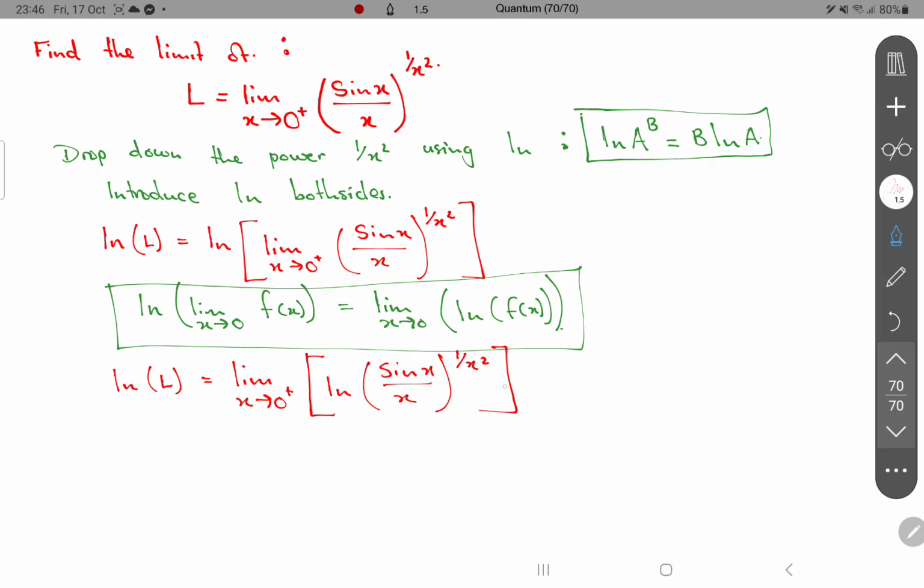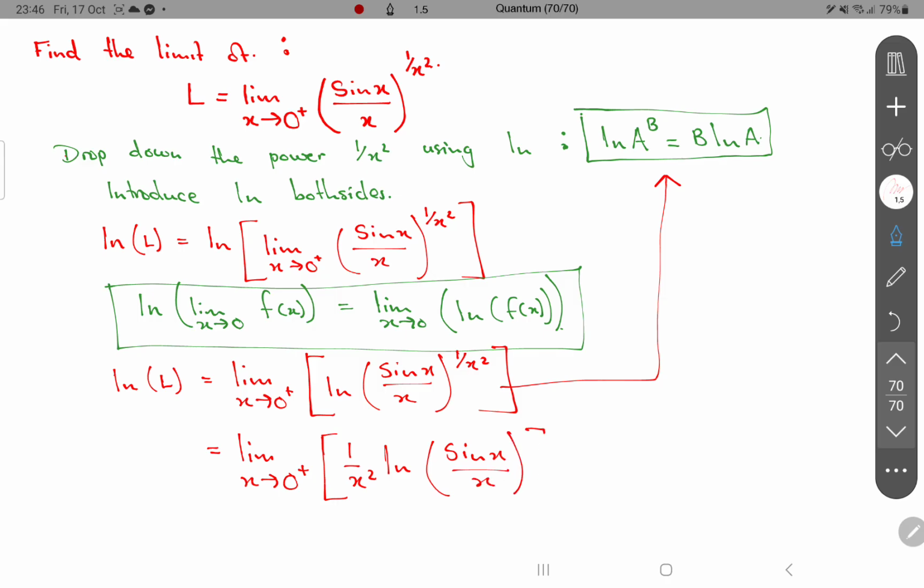Here we are going to use this idea, so that it's going to be the limit as x approaches 0 of 1 over x squared times the natural logarithm of sine x over x.